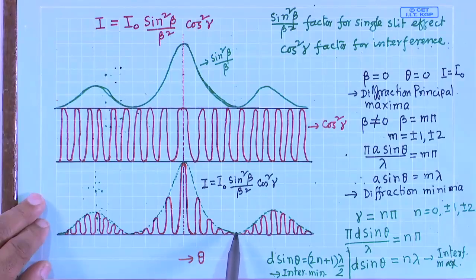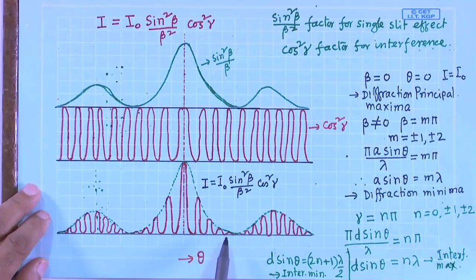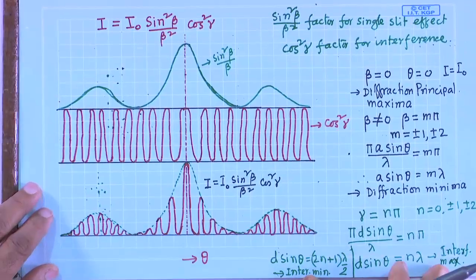In that case you will not be able to see that interference maximum, because there is no light in that particular theta direction. That is why we say that the order is missing, that interference order is missing.